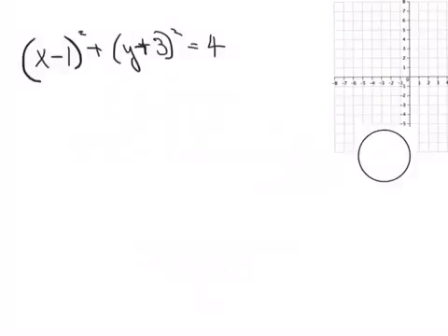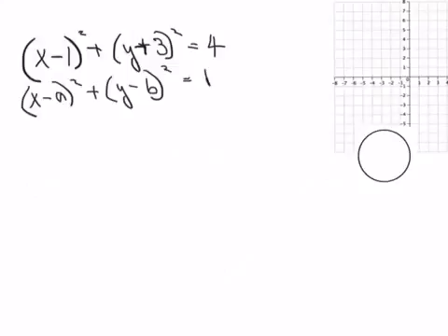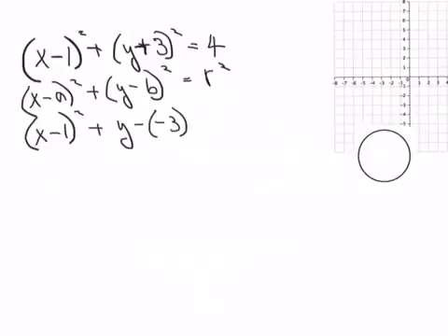We showed that the equation of a circle is x minus a quantity squared plus y minus a quantity squared equals r squared. Okay, so this is going to be x minus 1 quantity squared plus y minus negative 3 quantity squared equals 4. Alright, see what happened here?